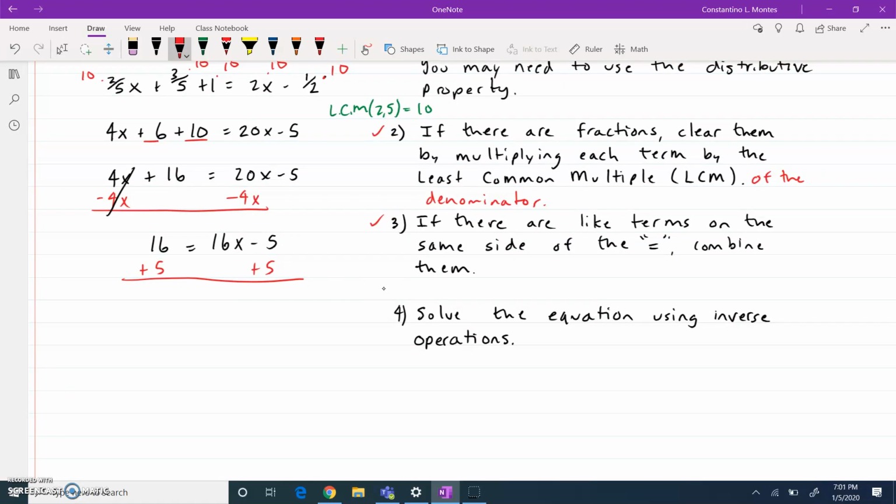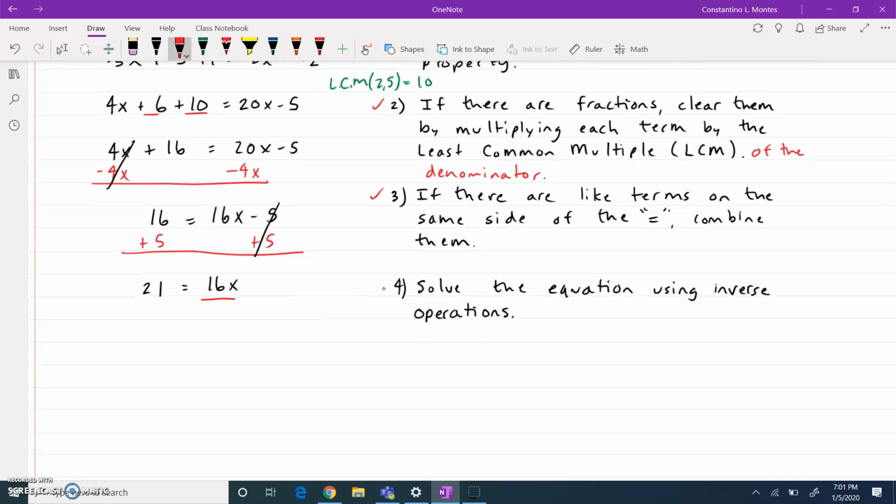Negative 5 and 5 zero out. 16 and 5 make 21 equals 16x. I'm almost done. I'm multiplying x by 16, so I'm going to use the inverse operation, which is divide by 16.